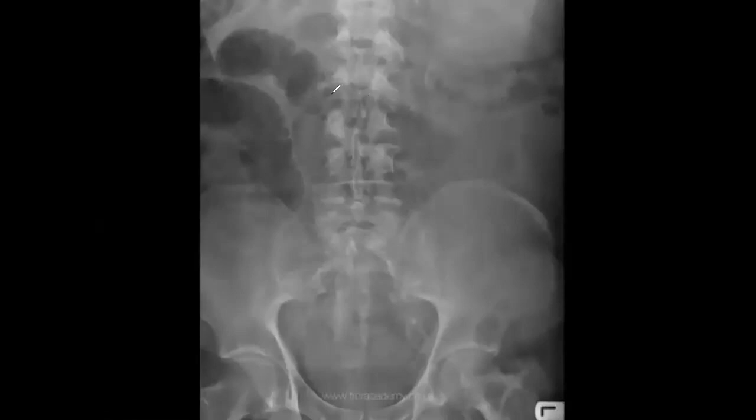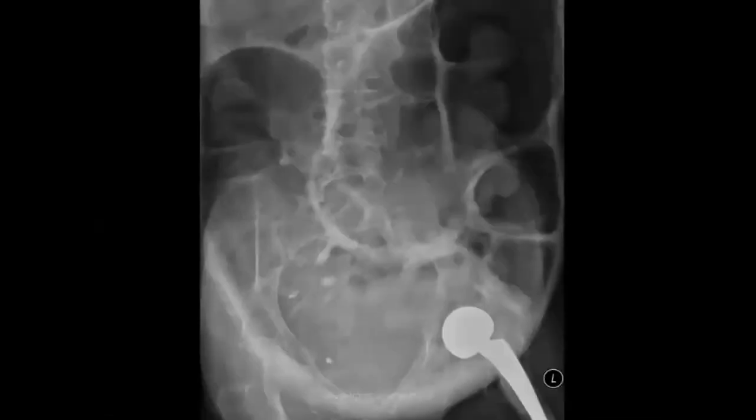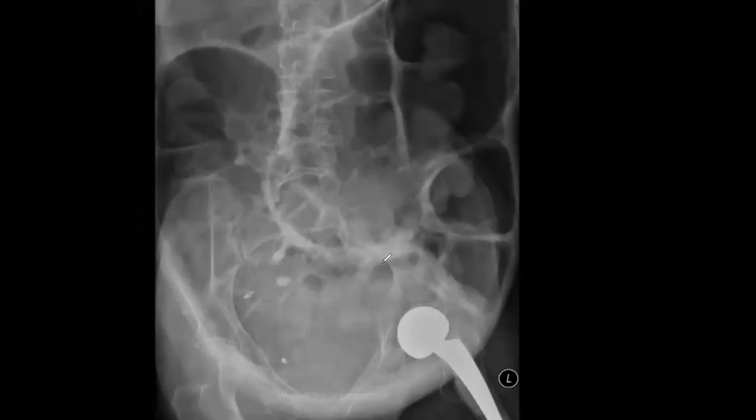Now I think it's easy. Valvulae reach from side to side, then you are talking about small bowel obstruction. If you still don't recognize how to differentiate between small bowel obstruction and large bowel obstruction, just go to Google and write in the search, and you will find many cases, and train yourself because it's very important for the practice and for the exam.